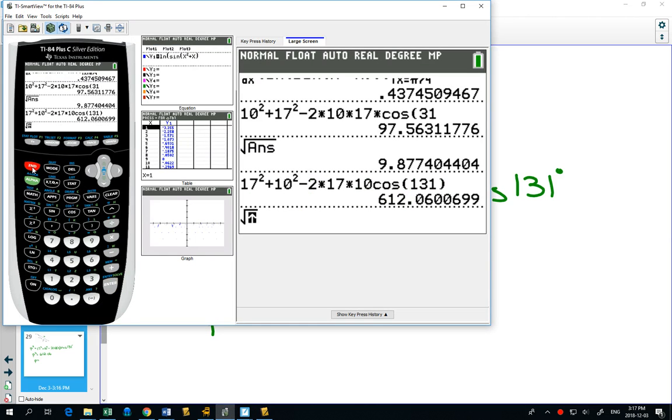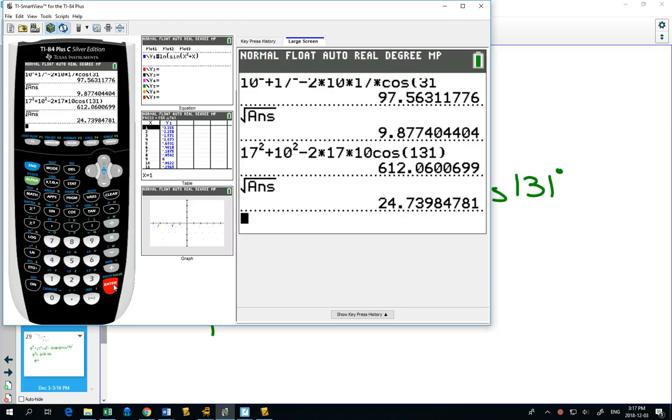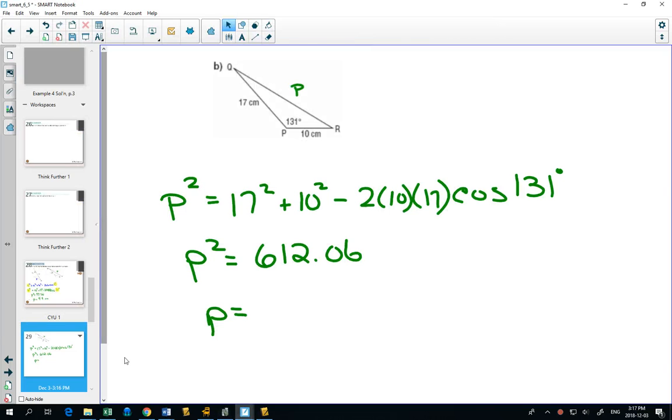So square root both sides, and p is equal to 24.7 centimeters.